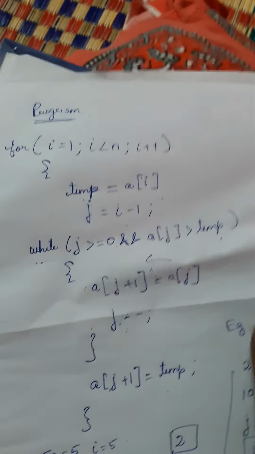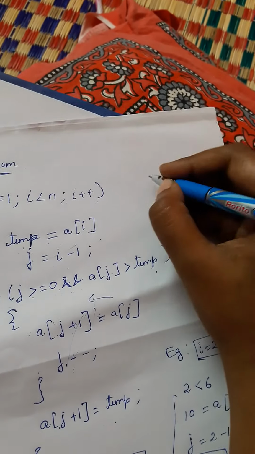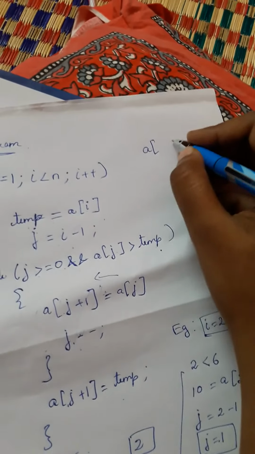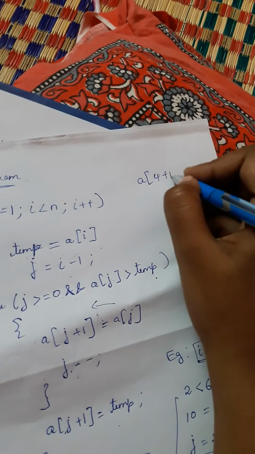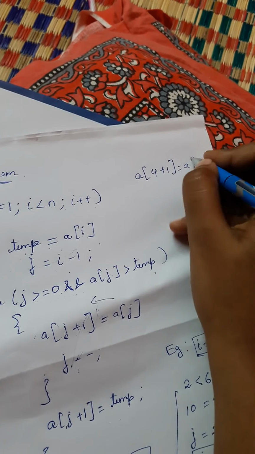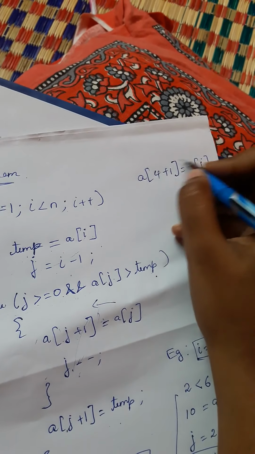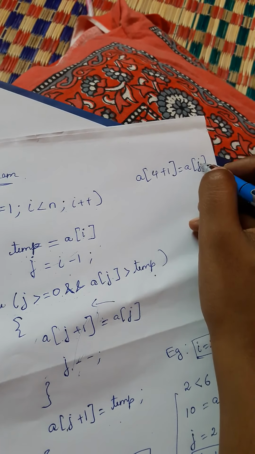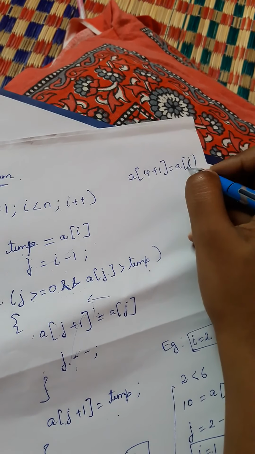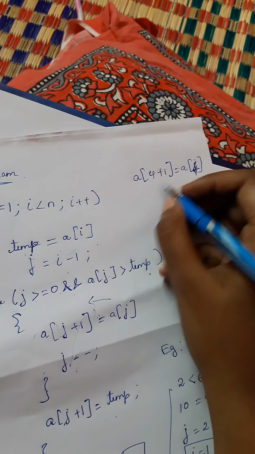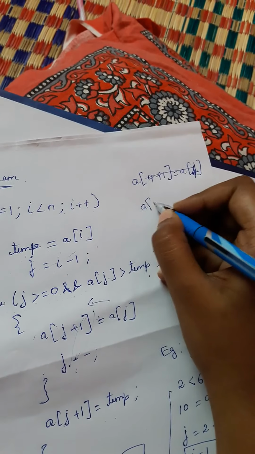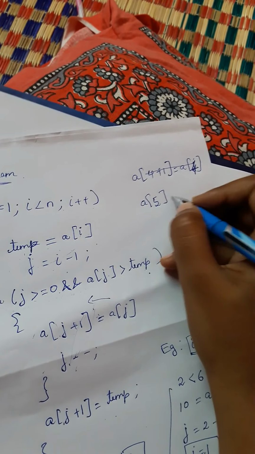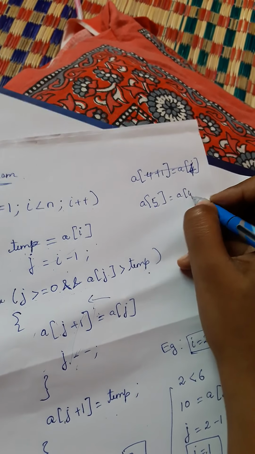I will write on this side: A of j plus 1 is equal to A of j. The j value is 4, so I will write this again: A of 5 is equal to A of 4.